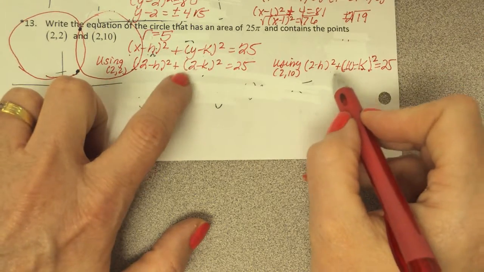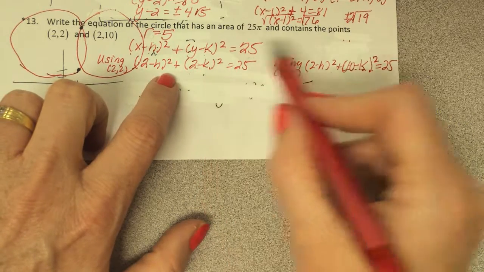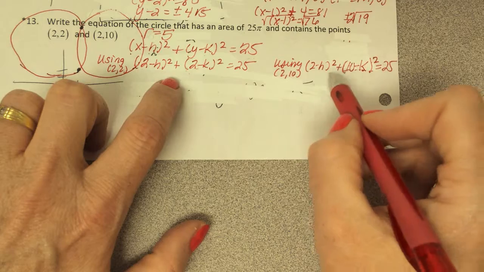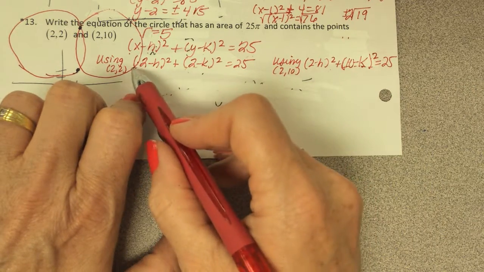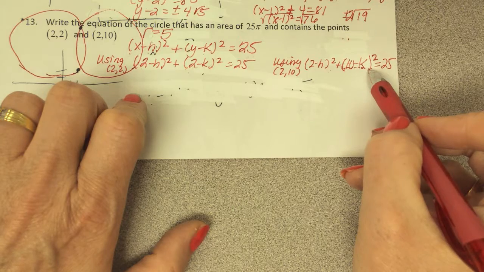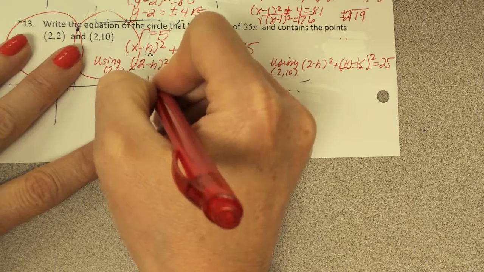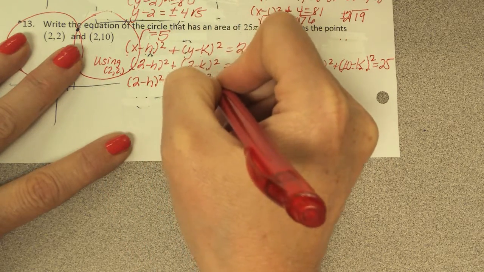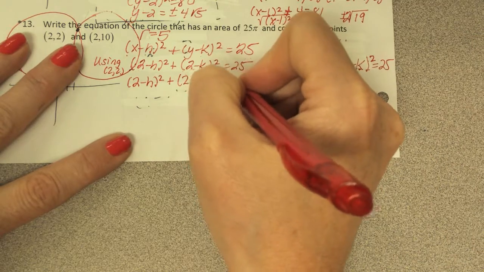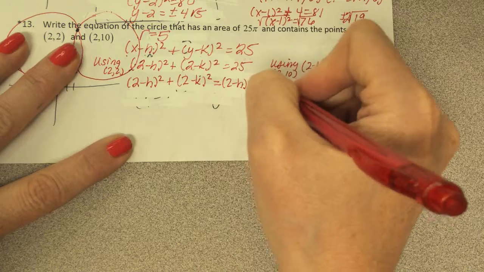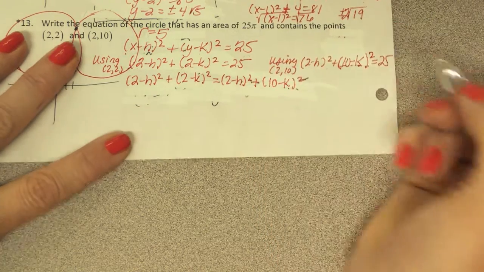So see, these are my 2 equations. This has to be true and this has to be true. Well, if both of these equal 25, what's going to have to be true of this part? It has to be what? Equal to each other. So now I can say (2 minus h) squared plus (2 minus k) squared must equal (2 minus h) squared plus (10 minus k) squared.